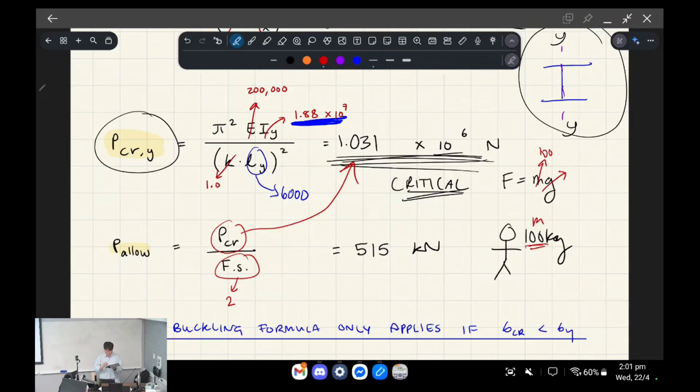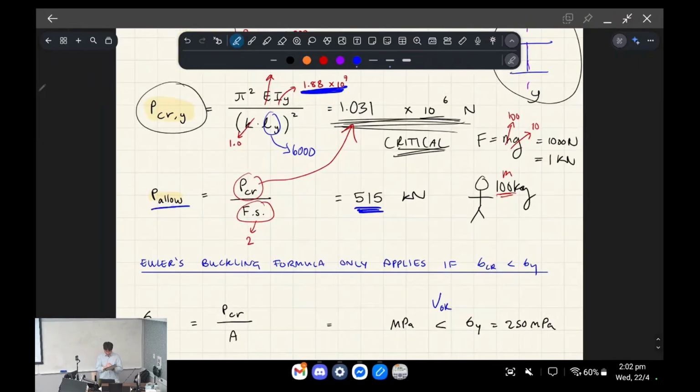But let's just take it as 10, because that's what we do as structural engineers, right? This gives us a force of 1,000 newtons, right? 1,000 newtons is 1 kilonewton, okay? So just remember it like this, okay? 1 kilonewton is 1 tradie, okay? That's roughly how much you can think of a kilonewton as, okay? And so 515 kilonewtons means this column can support 515 tradies, okay? before it starts to buckle, right?